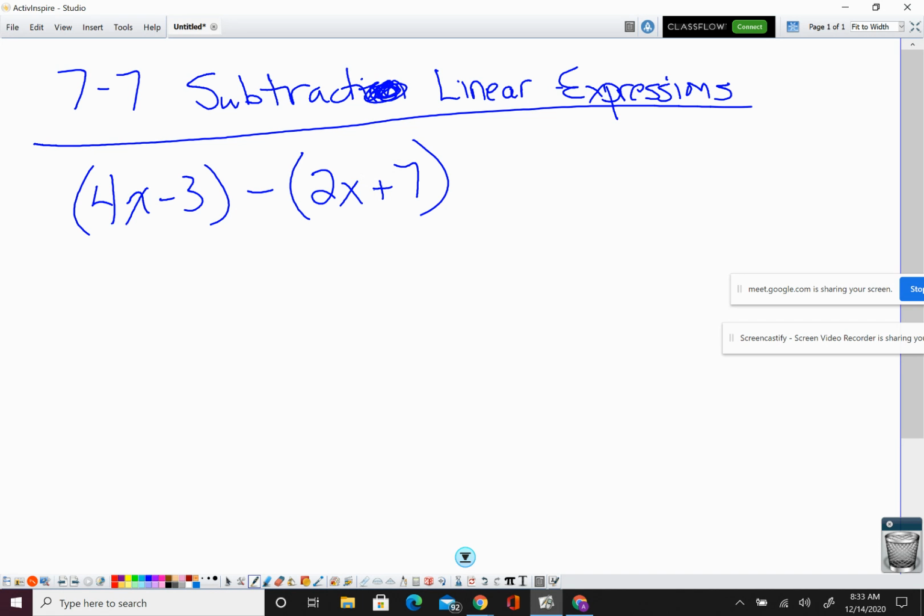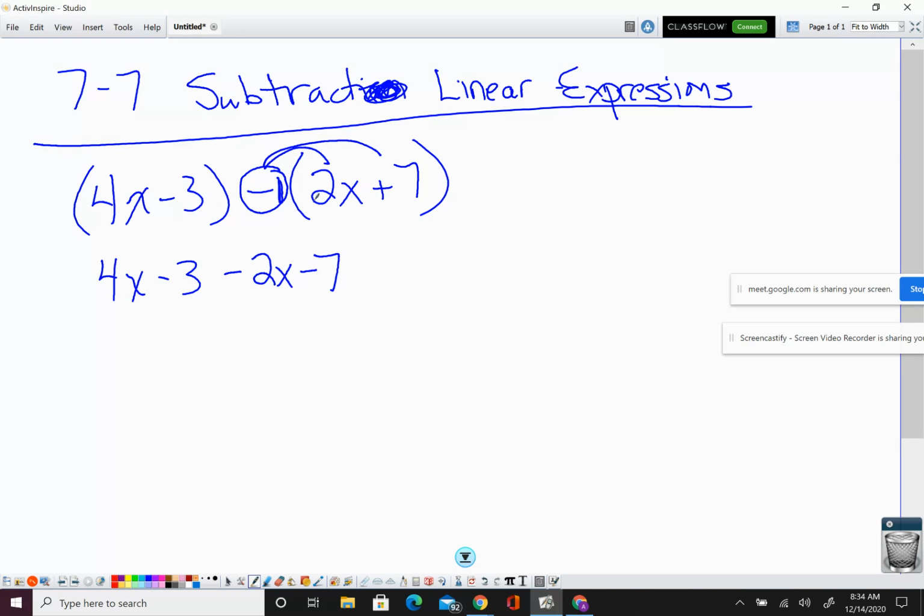Now what we're really doing here is we're not doing anything to the first expression at all, but we're thinking of this subtraction as a -1, and we're going to distribute that negative sign out over each of the terms in the second parentheses. So we're going to make the 2x -2x, and we're going to make the 7 -7.